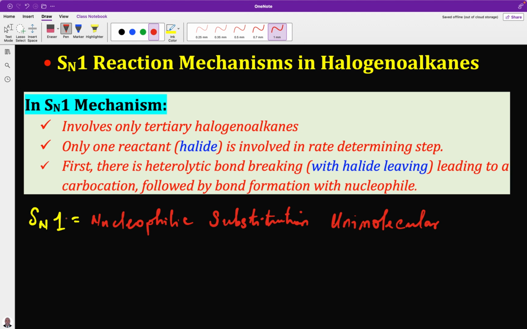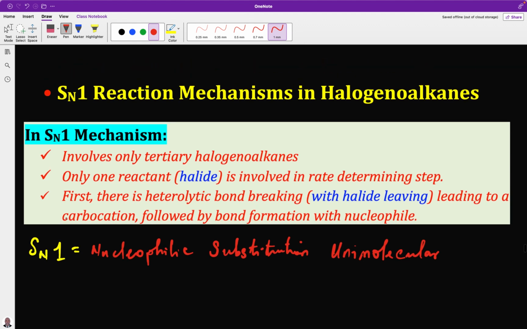The type of halogenoalkane involved in an SN1 mechanism is only tertiary halogenoalkanes.